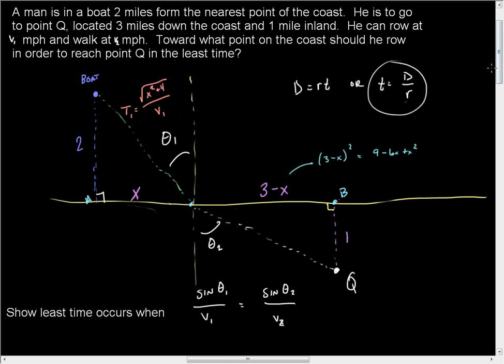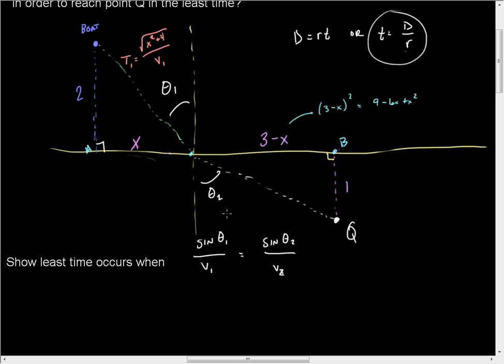And on the second side here, we're going to take t2 is equal to, now I've already done this here. This is the expansion of 3 minus x quantity squared. So my distance traveled is a square root of the sum of squares, and if I add 1 to that, then I get x squared minus 6x plus 10.